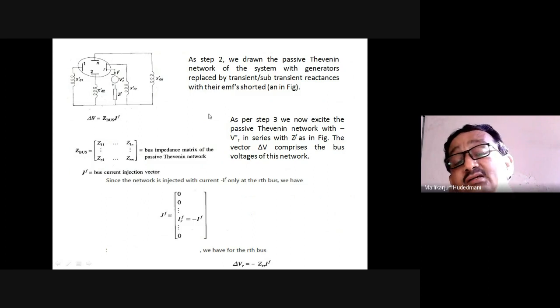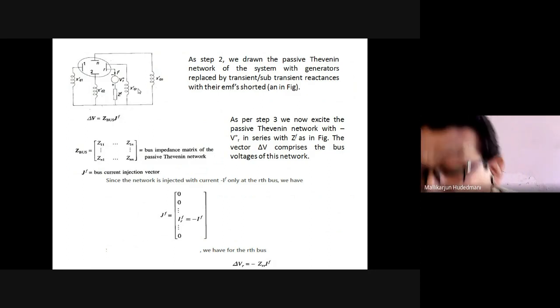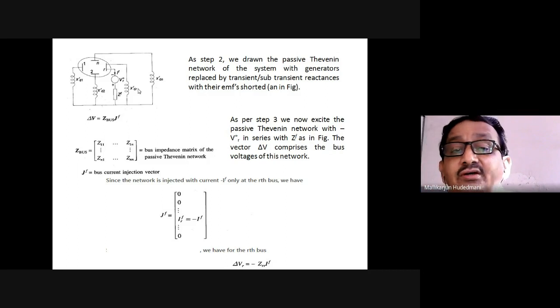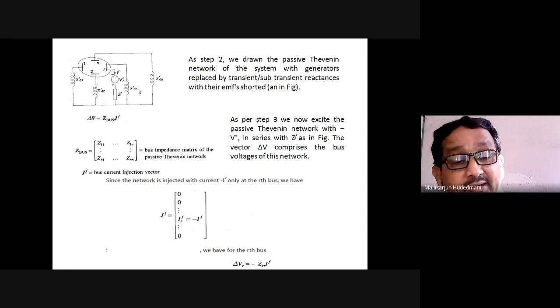Let's see the next step, step 3. This particular representation of the power system for the fault study is drawn as Thevenin's equivalent reactances. We all know that when you want to reduce the circuit across the points of fault, the entire circuit is to be reduced. Then we use the Thevenin's representation: short circuit the voltage sources, open circuit the current sources, leave the dependent sources as they are, and represent VOC and ZTH of that particular network.